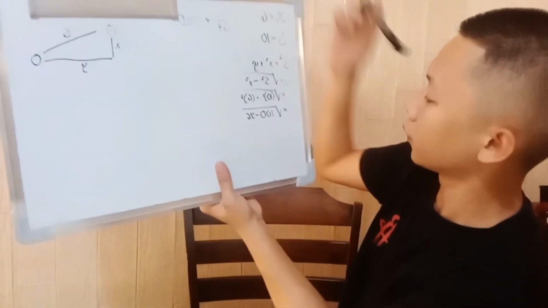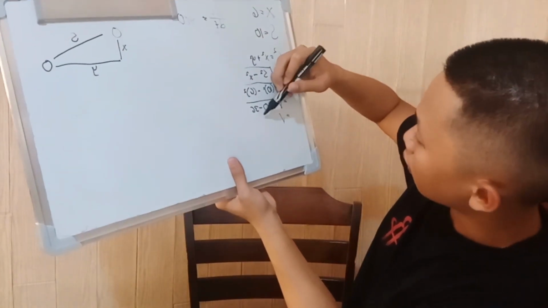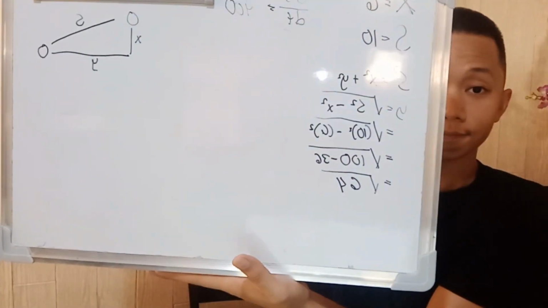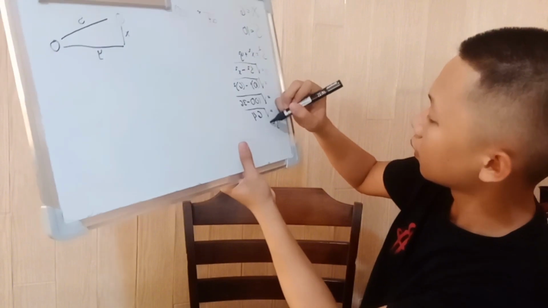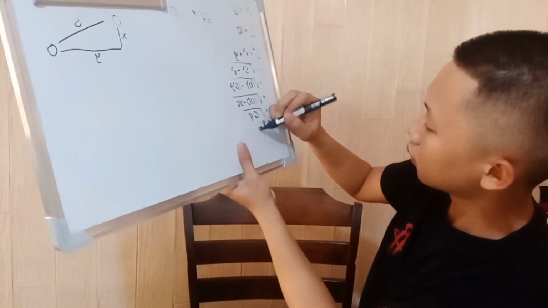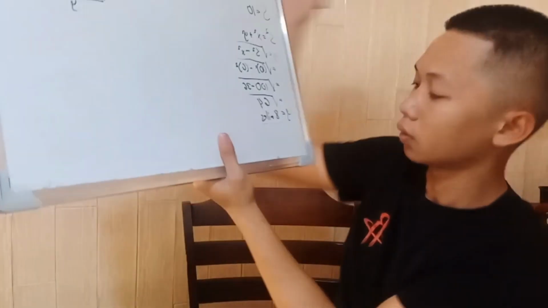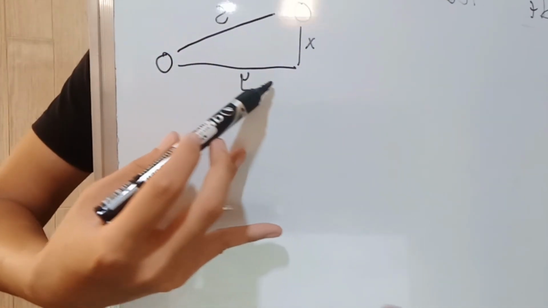That should also equate to the square root of 64. And so the square root of 64 would be 8. So that is equal to 8 miles, right? So therefore, your y here is 8 miles, right?